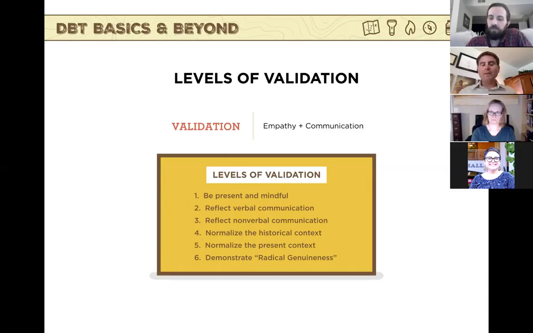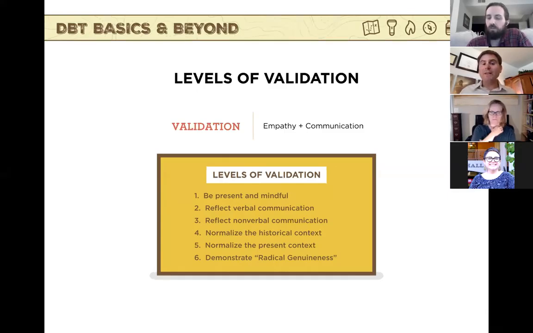And these 6 different levels are sort of like a hierarchy in the sense that a higher level also includes all prior levels, right? They kind of build on each other. But this is not a hierarchy in the sense that a higher level is better or superior. That's not the case. It's up to us as the therapist to figure out which level of validation will best address the client's need.